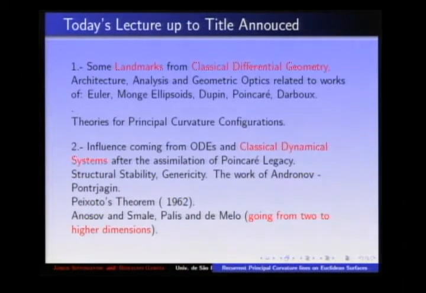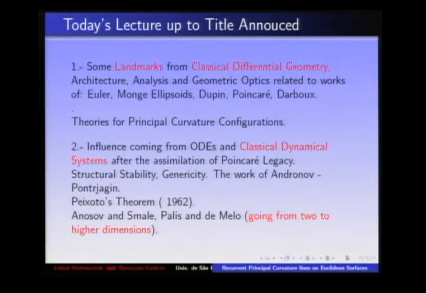By that, I said already what I mean by classical geometry. Classical dynamical systems is Andronov, Pontryagin, Peixoto, Anosov, Palis, and de Melo.